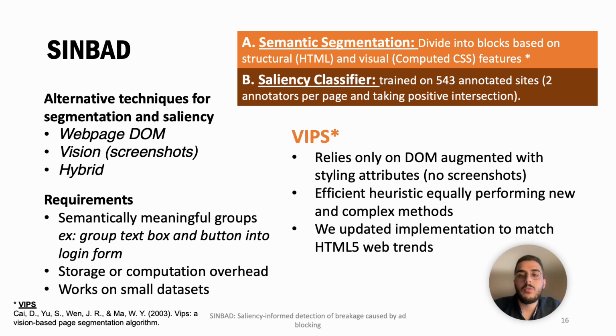For our purposes, we go with VIPS, an algorithm by Microsoft that is efficient enough and still performs comparably to other more demanding machine learning techniques. VIPS is a top-down page division algorithm with some hyperparameters that control the granularity of the segmented parts, and it relies on both HTML features and style and position features of elements.